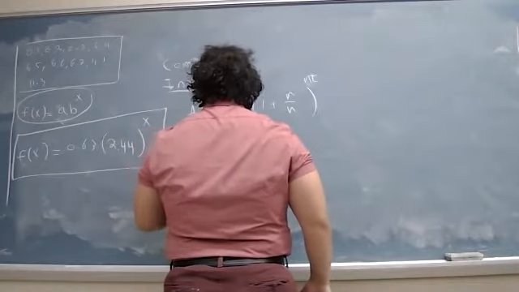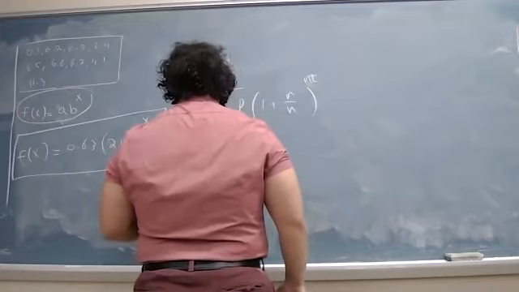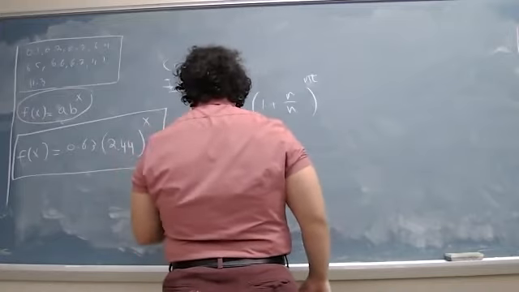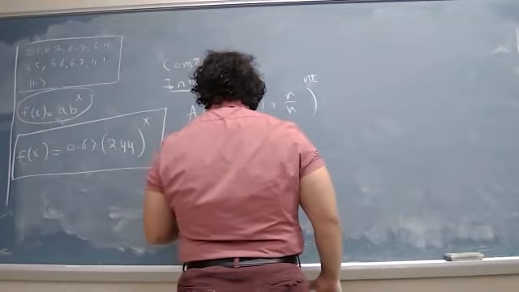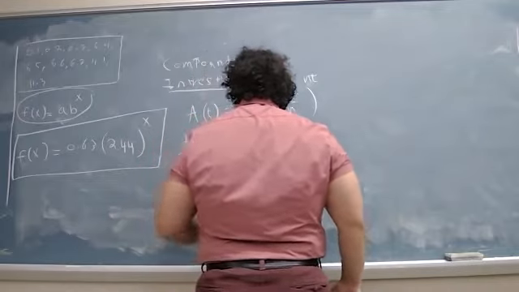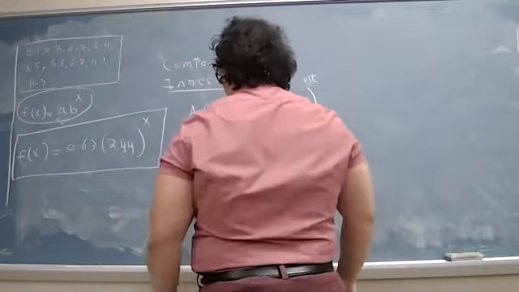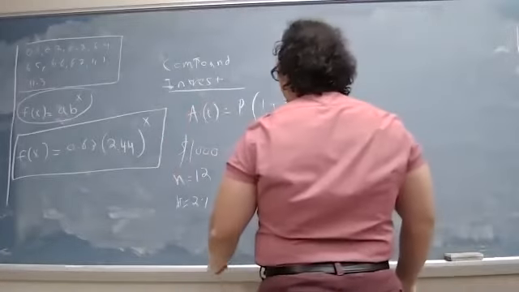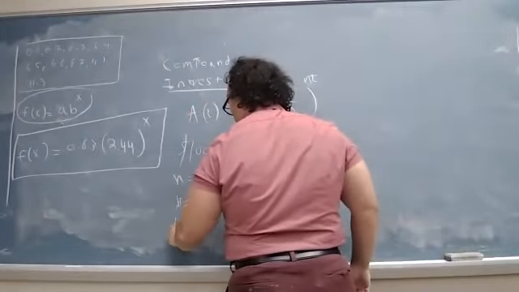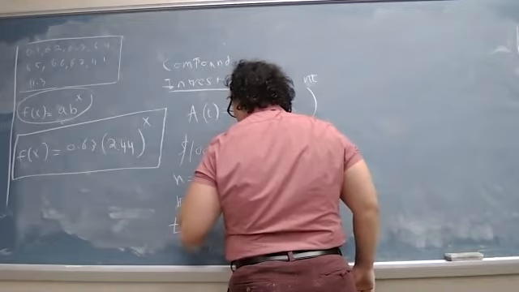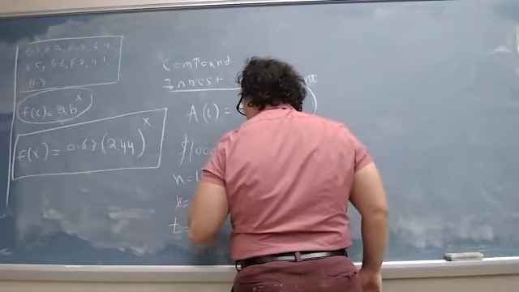So n equals 12, and let's say the interest rate is 2%, so your r is equal to 2%. And your t, the amount of years you want to leave it in there, is 20 years.